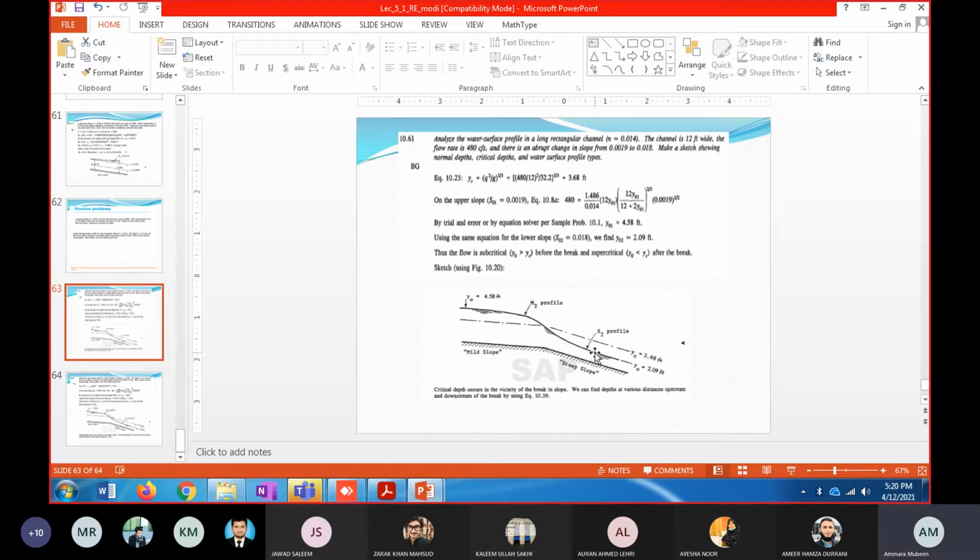Then you would have to classify it accordingly by calculating the normal depth again for the steep slope, using Manning's formula. So there would be two normal depths, one for this slope and the other for this slope. In this question you would have to calculate the normal depth two times.